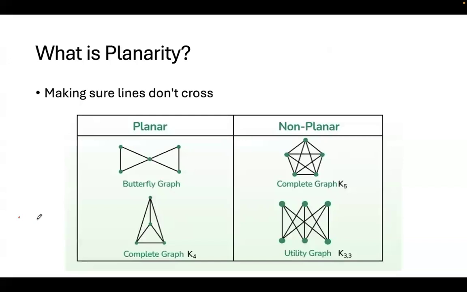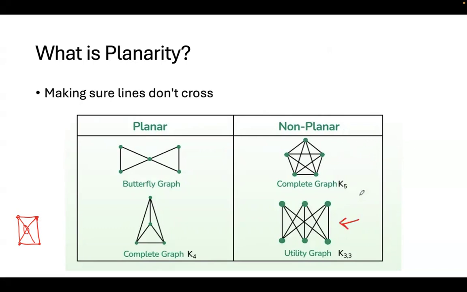Note that that isn't always true. For K4, if we draw the vertices like this, and every vertex is adjacent to every other, we can draw it in a way that the lines cross, but we can also draw it in a way that the lines don't cross. When we can draw it so that they don't cross, it's planar. When we can't draw it so that they don't cross, the graph is non-planar.